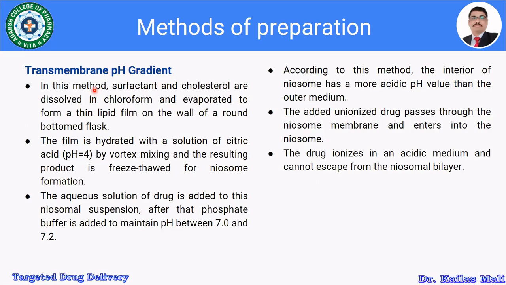Simply, in the transmembrane pH gradient, surfactant and cholesterol are dissolved in chloroform and evaporated to form a thin film on the walls of the round bottom flask. The film is hydrated with a solution of citric acid, which has a pH of 4, by vortex mixing, and the resultant product is freeze thawed for the niosome formation. Further hydration leads to the niosome.